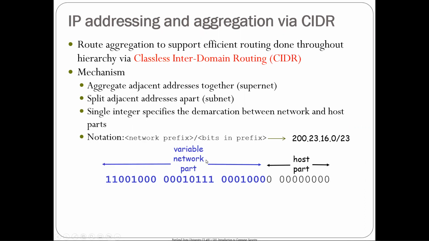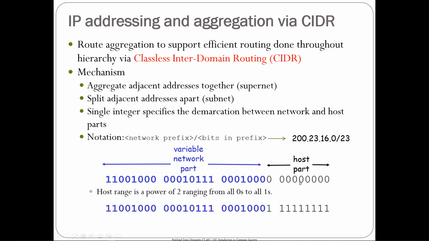The fixed part of this network prefix is at the front, and we call this the network part. All of the IP addresses that this prefix corresponds to will have patterns that match this network part, and then the host part can be anything. It could be a wildcard.